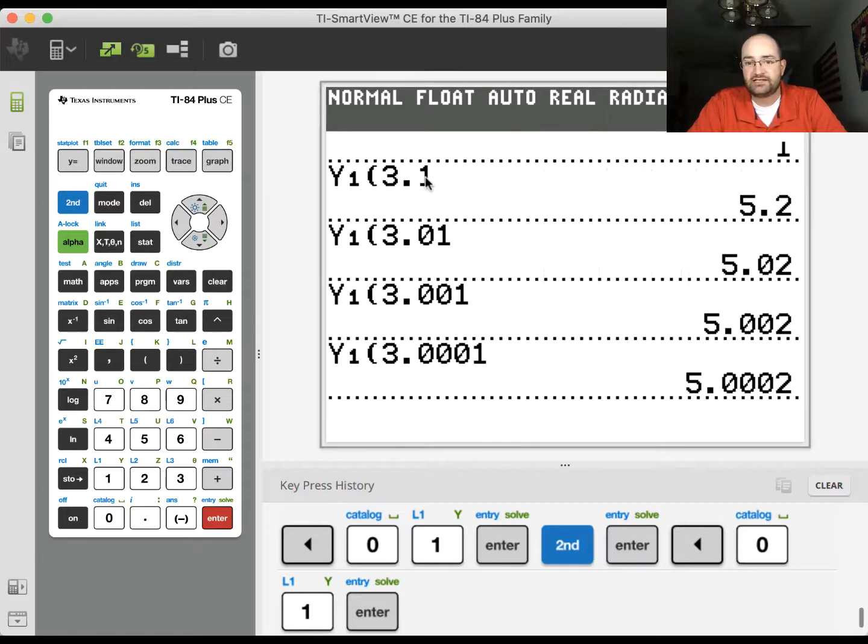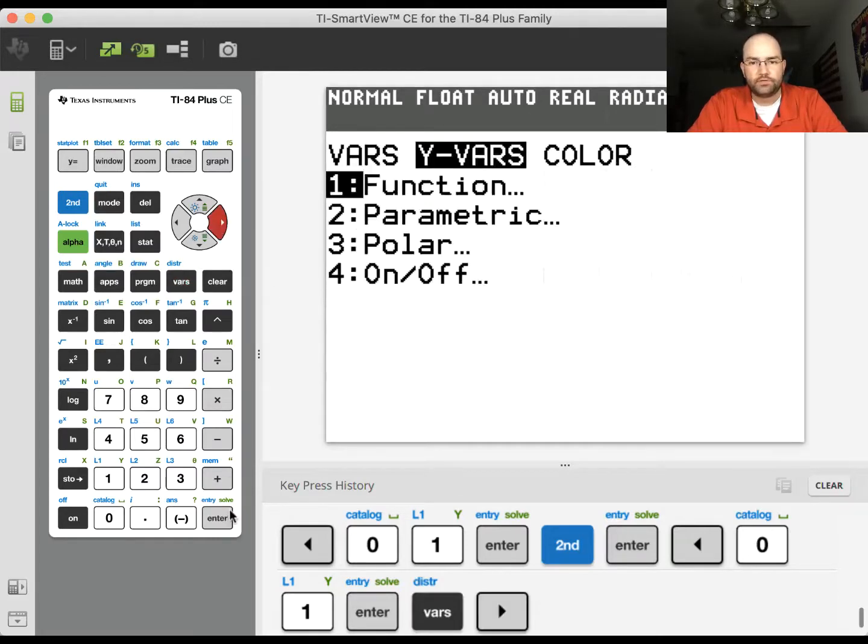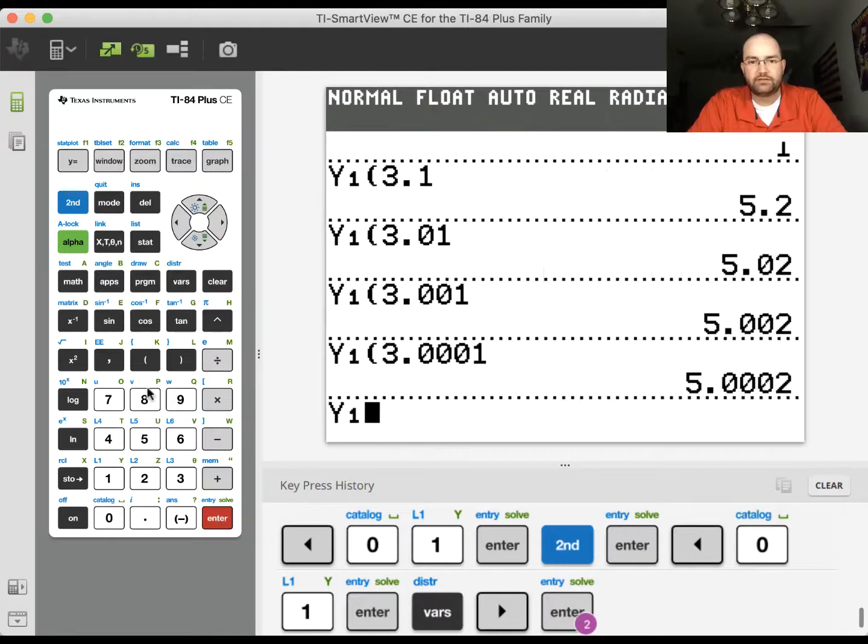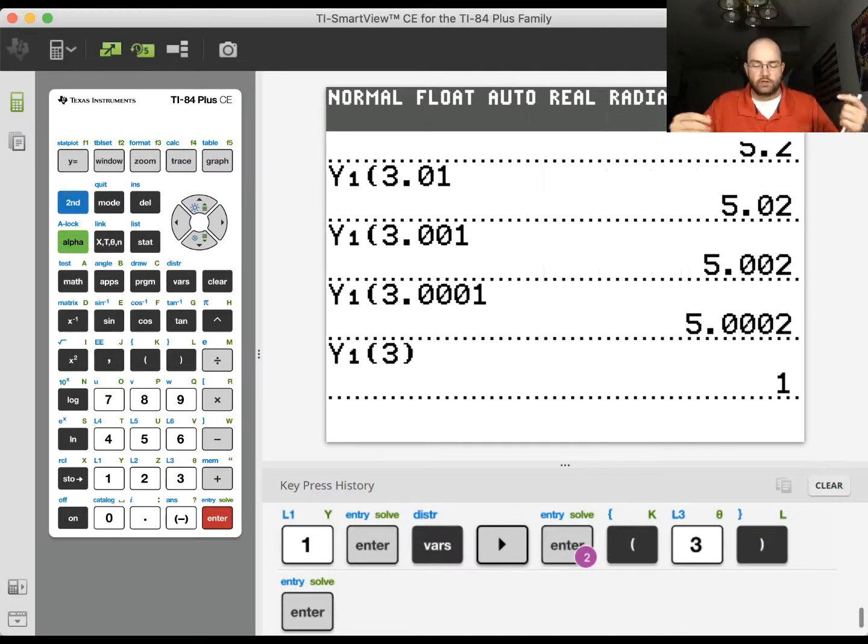So as x gets closer to 3 from the right-hand side, this is approaching 5. But again, remember when you are actually at 3 exactly, we get 1. So while it's approaching 5 from the left and it's approaching 5 from the right, the limit is 5.